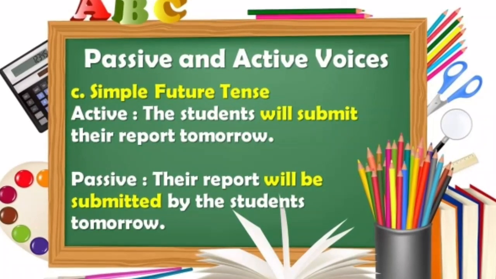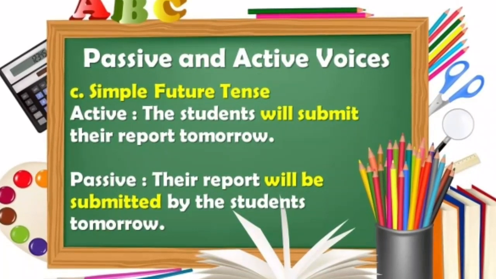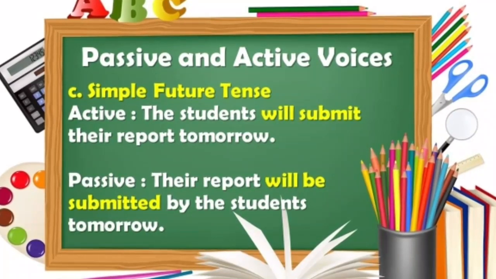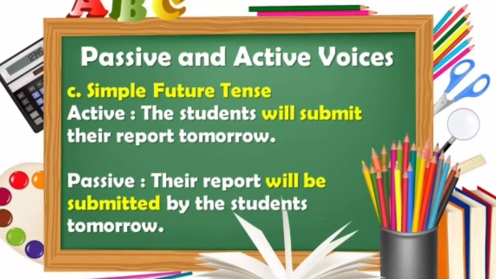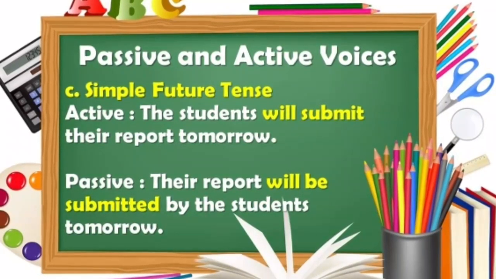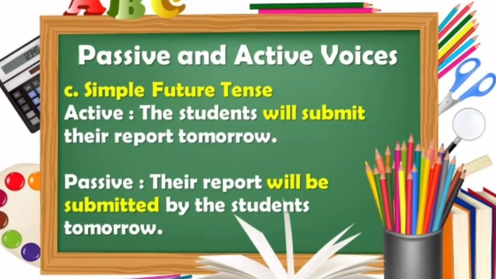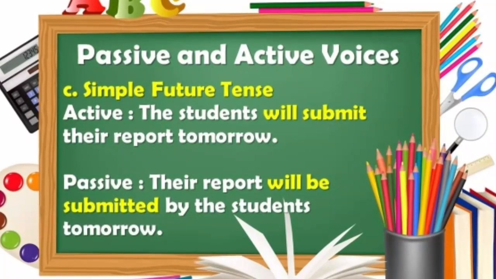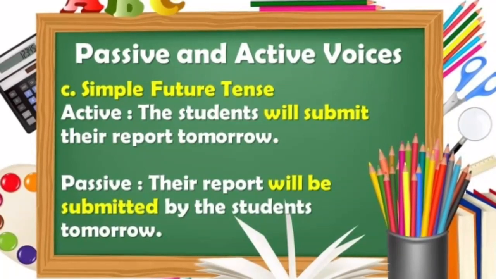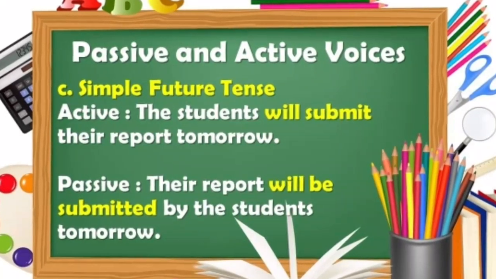If we transform it into passive voice, their report will be submitted by the students tomorrow. Their report is the object, will be submitted is the action, and the subject here introduced by the preposition by is the students.